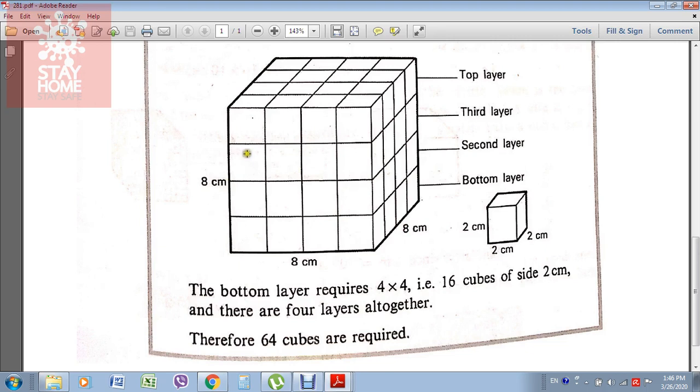Now we need 8 boxes in one layer, 8 boxes in another layer. So how much total is needed? 32 needed.